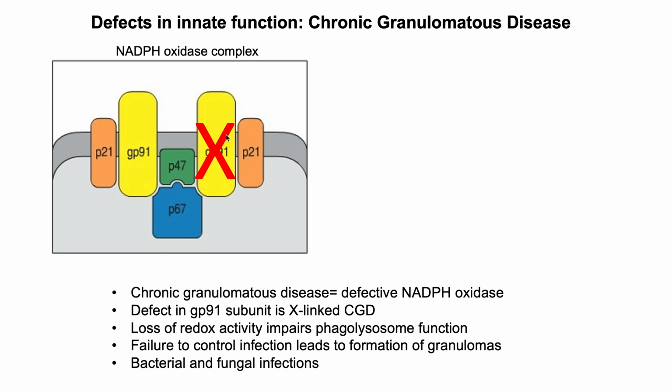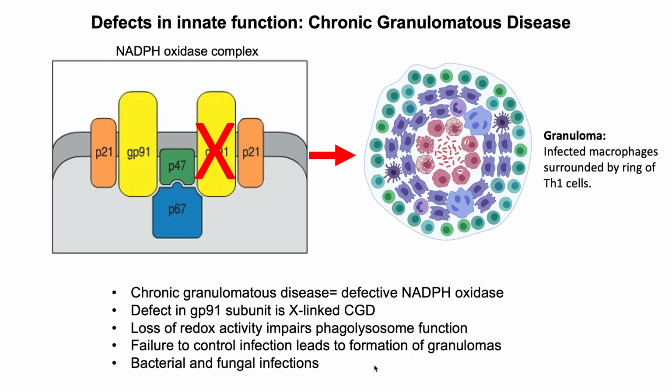There is one component of this complex that is expressed on the X chromosome, and this is therefore the most common version of this disease. And the inability of NADPH oxidase to function results in a loss of redox reactivity and an inability to undergo oxidative burst within the phagolysosome. The resulting inability to control infection leads to the formation of granulomas and susceptibility to bacterial and fungal infections.